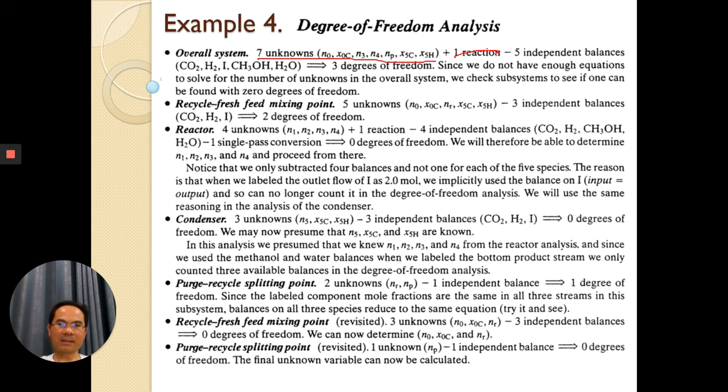And we have 1 reaction. If you balance based on species, you have 5 independent species balances and 1 inert, so 6 balances. You get 3 degrees of freedom. In this case, you cannot solve for all of the unknowns by the overall system.